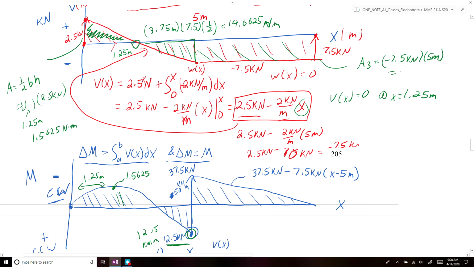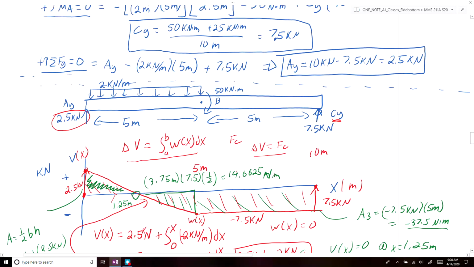We know that's going to be equal to minus 37.5 kilonewton meters. So we would subtract that from this value here to calculate our moment at the end of our beam, which we know is 0 kilonewton meters. Okay. All right. So that concludes this example on how we calculate our shear moment diagrams from our initial conditions.